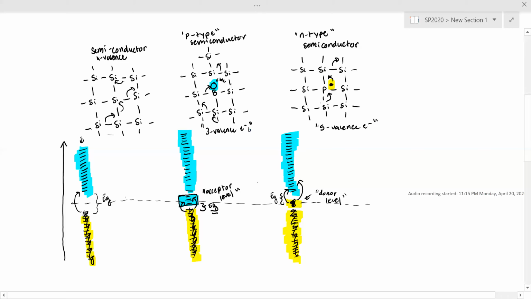And as you can see again, it decreases the energy gap between the two levels. So this is how semiconductors can be explained through band theory, and how p-type and n-type semiconductors increase the efficiency of semiconductors and why they are able to, kind of a rationale as to how they do it.